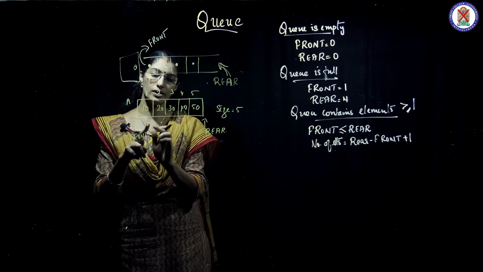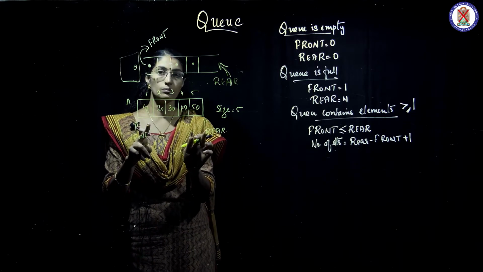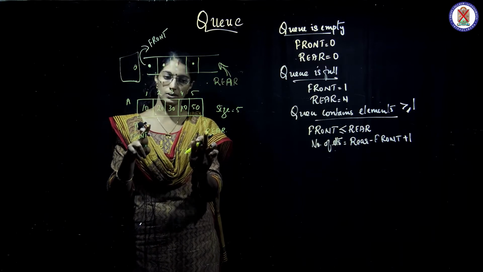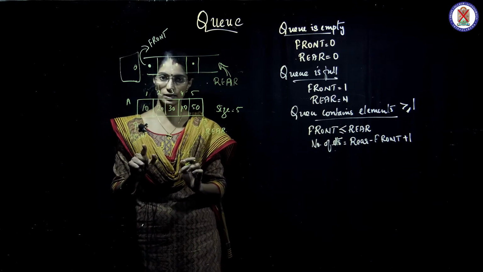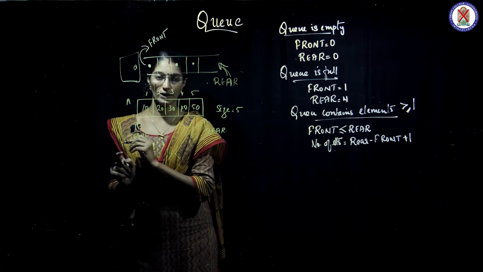We can see when rear is incremented, the push operation or enqueue operation or insertion operation happens in the queue. Now what happens if you want to delete? Deletion means you have to deal with the variable front, right?